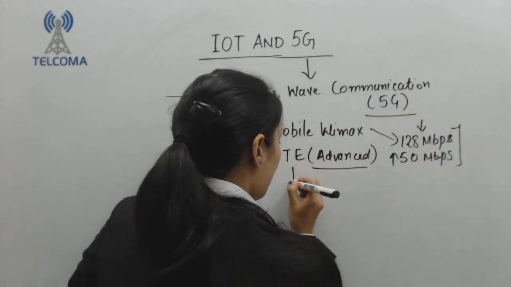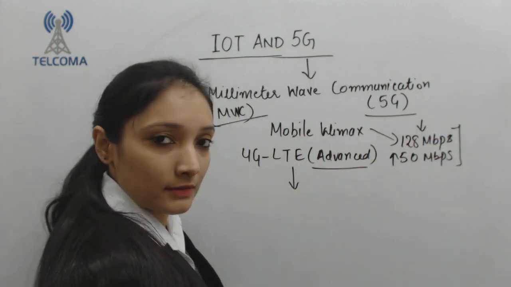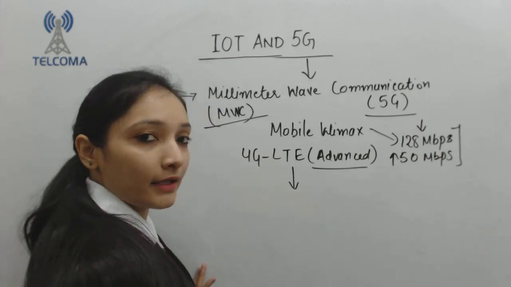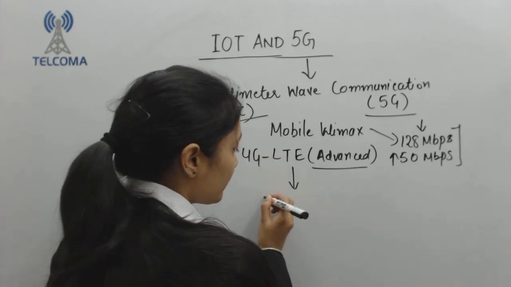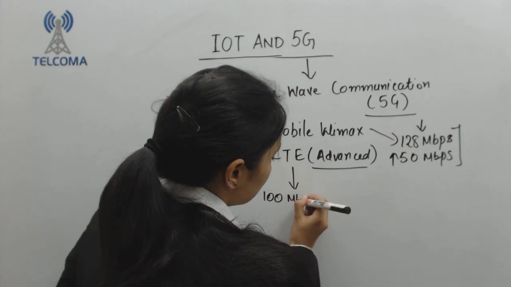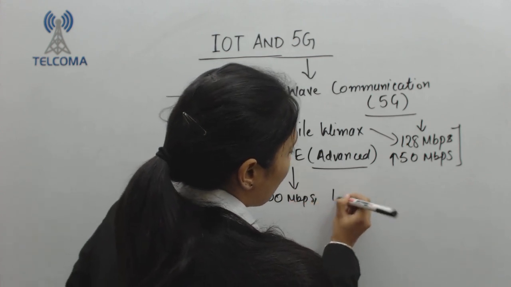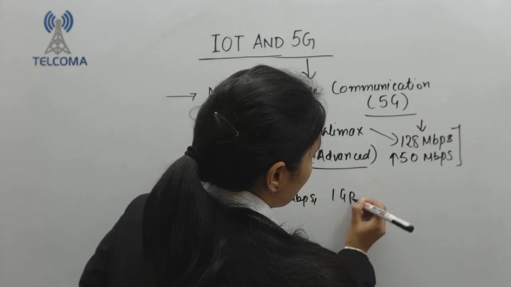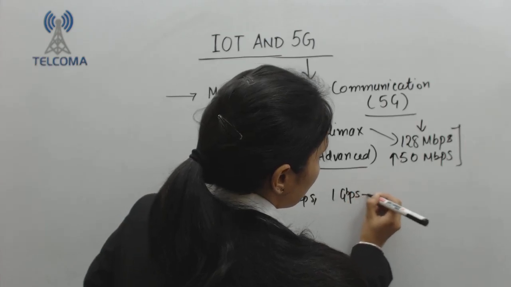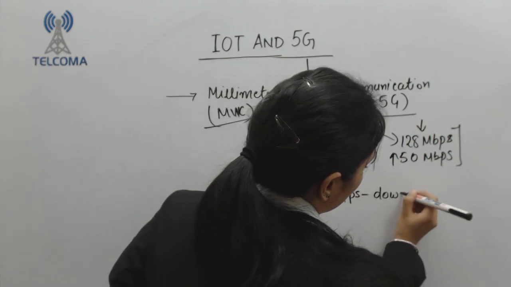After that, we have the fourth generation of cellular systems, your LTE systems. These are able to provide speeds ranging from 100 Mbps to 1 Gbps for your downstream.